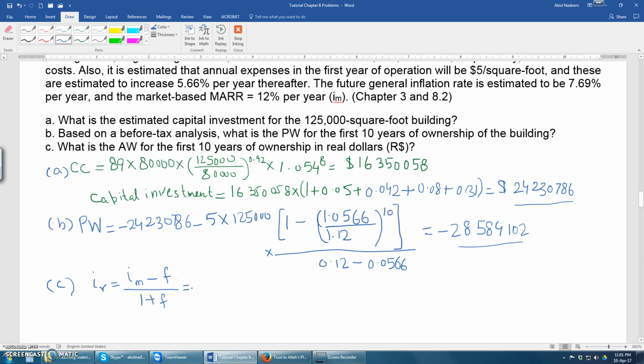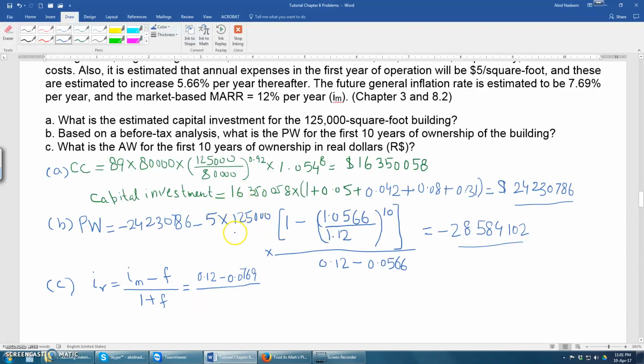So just input these values. Market interest rate is 12%. Inflation rate is 0.0769.